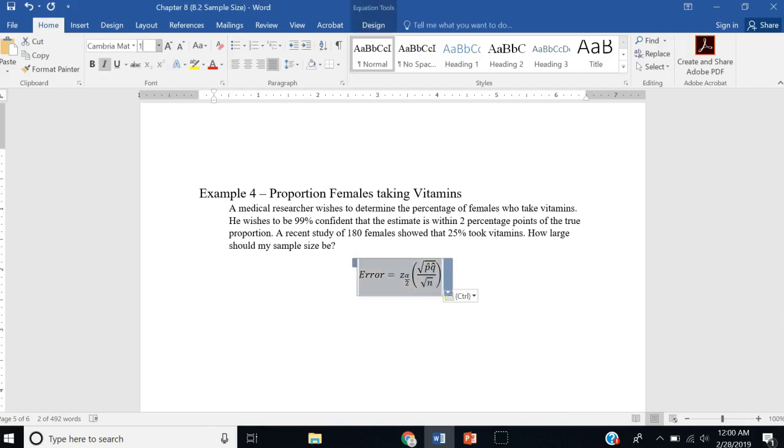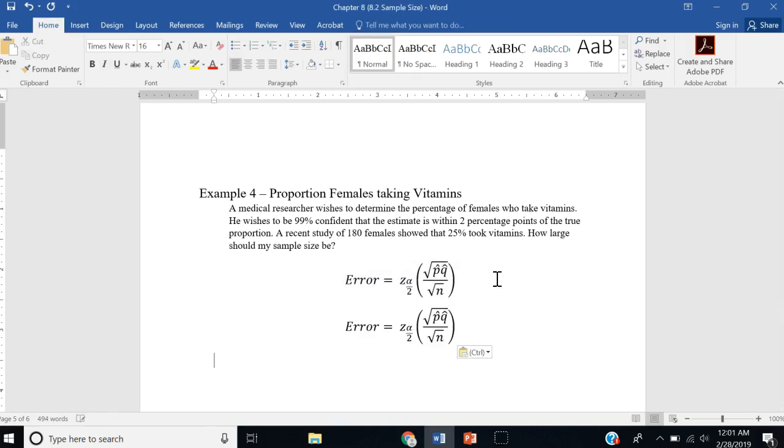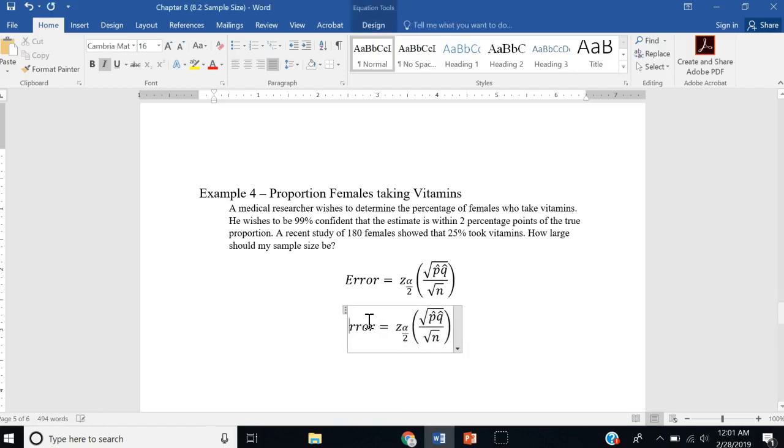Now, just like before, we're going to start filling things in. So we want to be within 2 percentage points of the actual proportion. Now, what I would suggest is instead of writing the number 2 there, we write these things as proportions. That's going to be probably the cleanest way to do it. So when you write your error, you want to write 2 percentage points as 0.02.